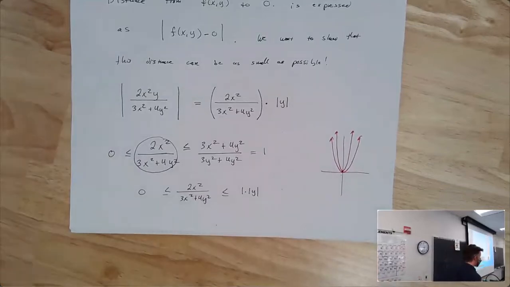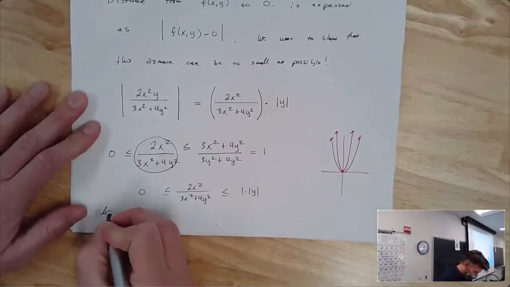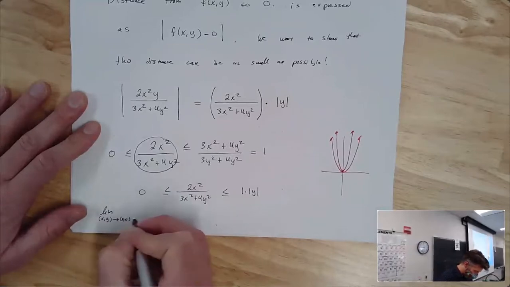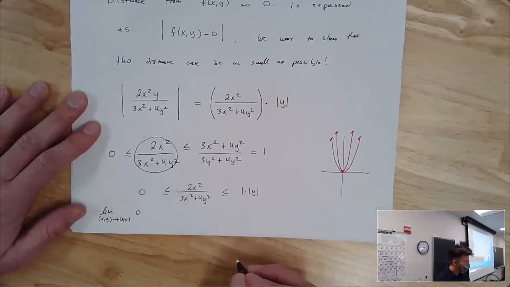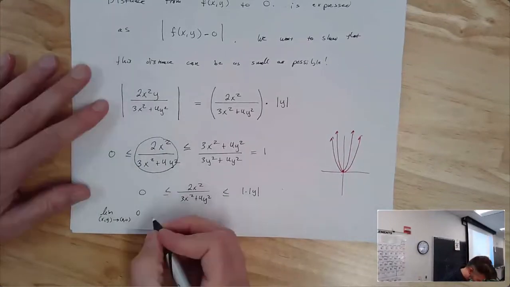Great. So now we're going to take the limit of each of these parts. What's the limit as x, y approaches 0, 0 of 0? Everybody. Yes, everybody now. 0. Thank you.